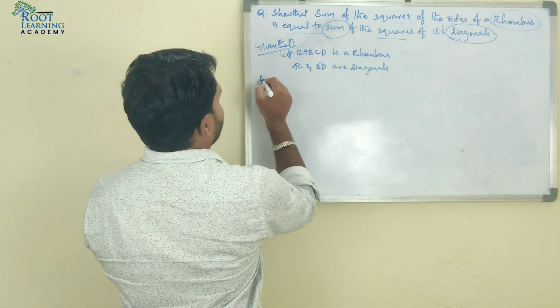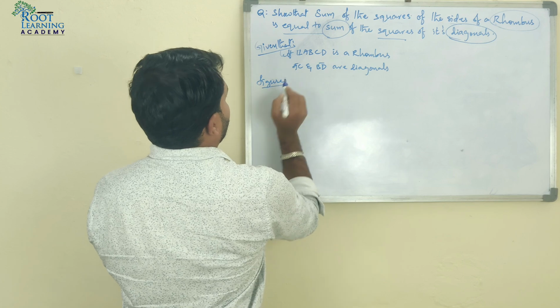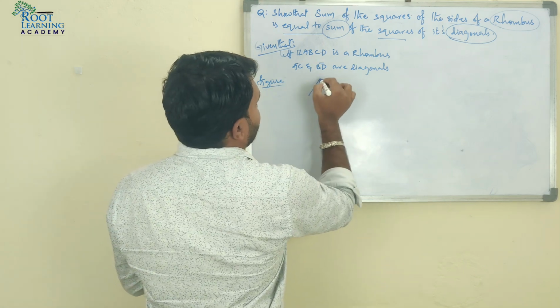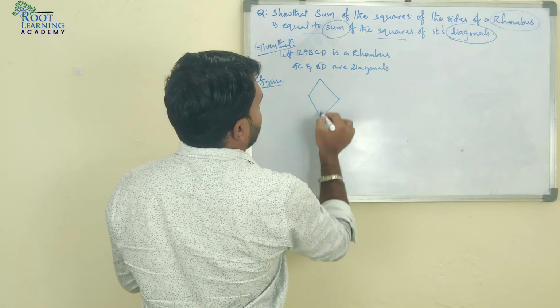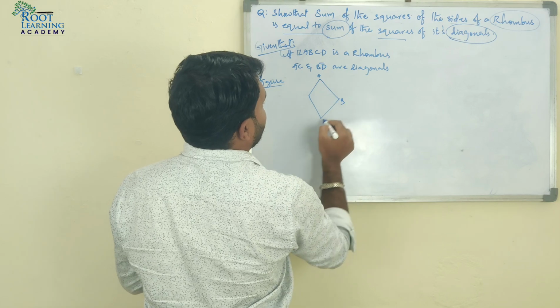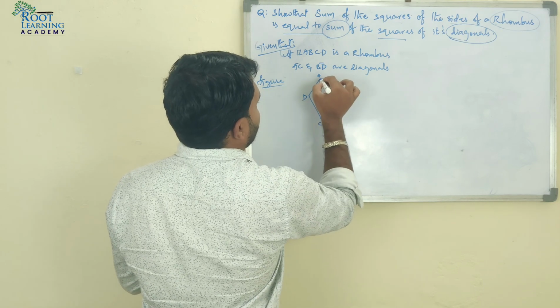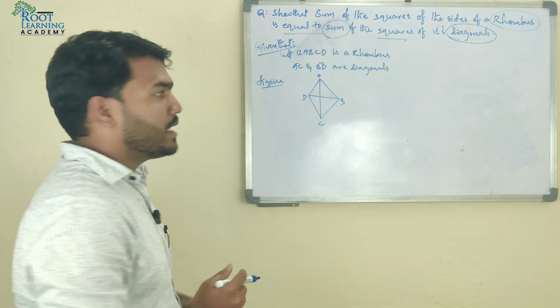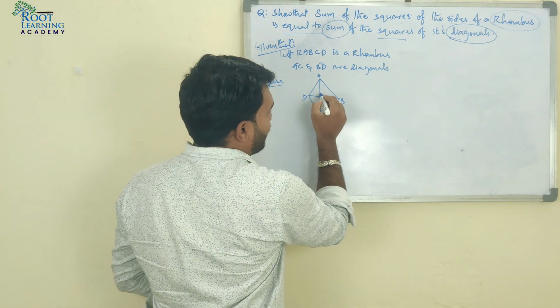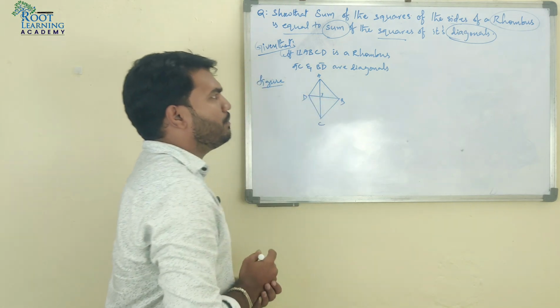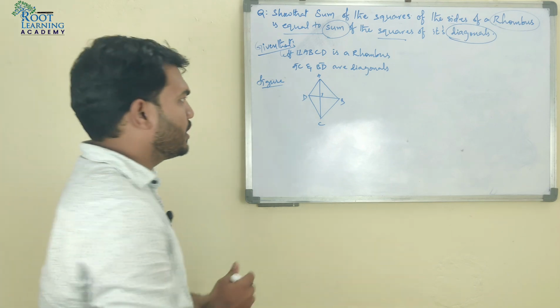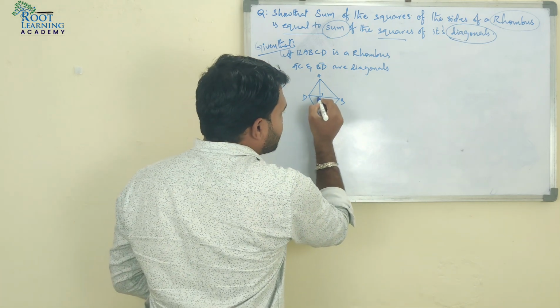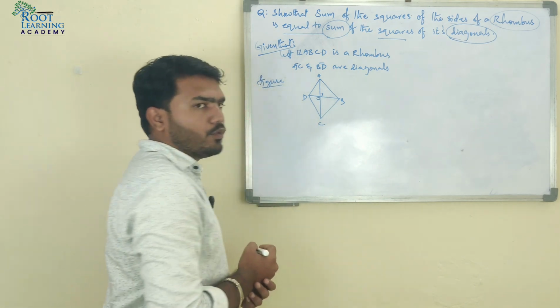So figure. Let's say this is a rhombus A, B, C and D. So this AC and BD are the diagonals, where I have already told you that these diagonals are perpendicular to each other. So let's consider this intersecting point as O.